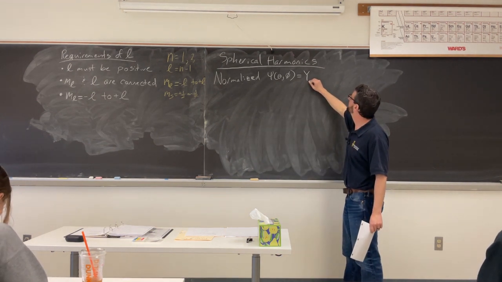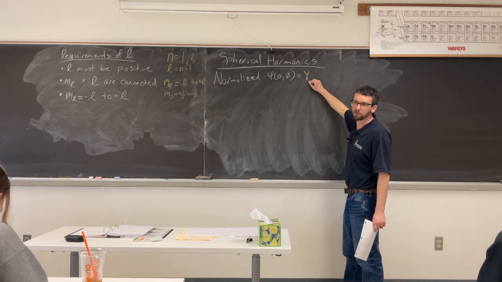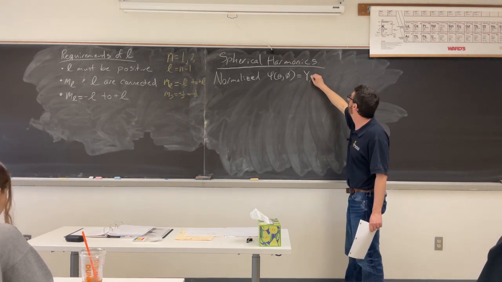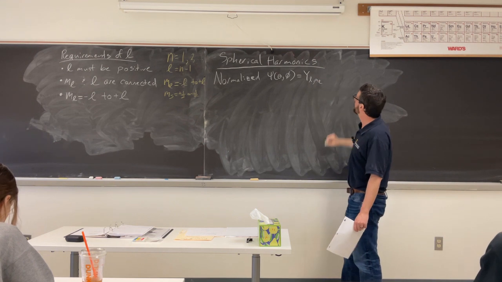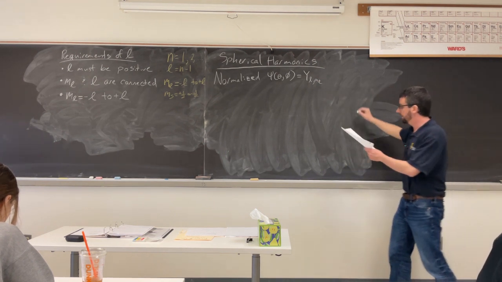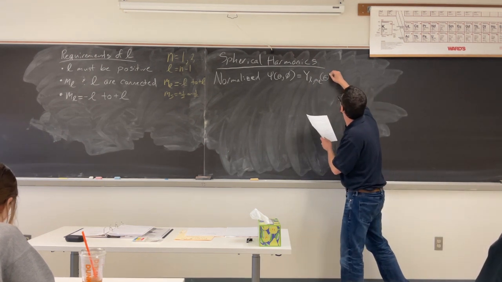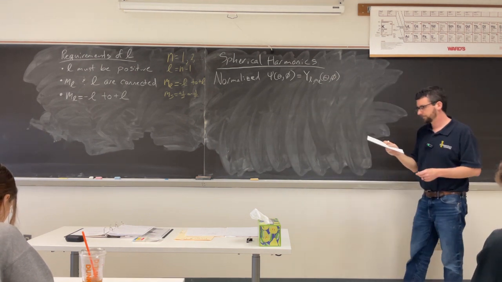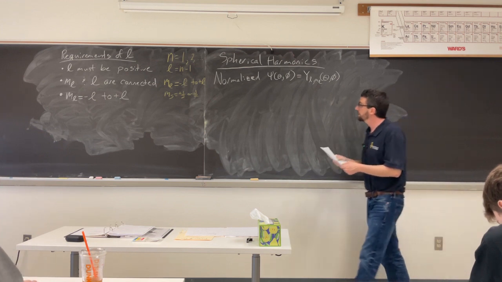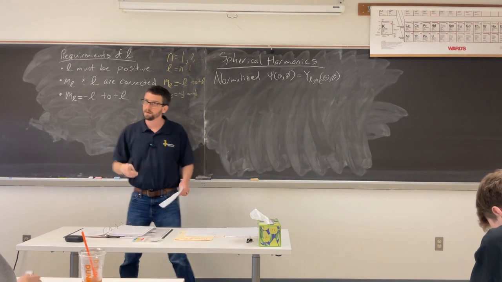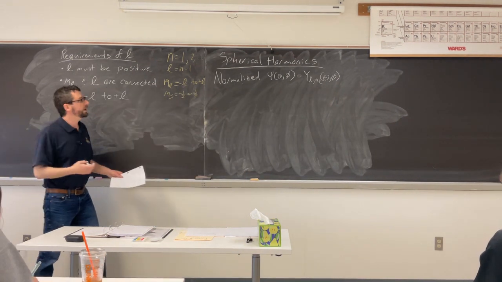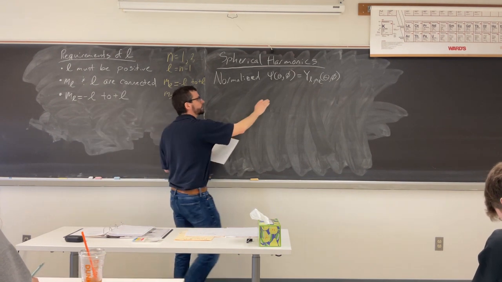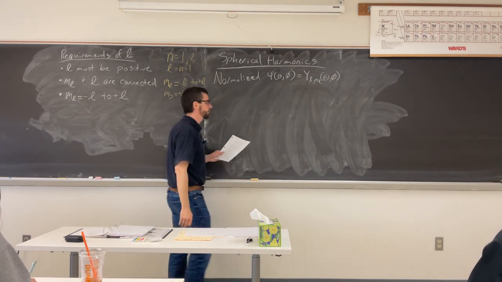Little subscript. If you can read it, sorry. L and M sub L. And then it also depends on theta and phi. So you'll see them represented either way. Most of the time, the spherical harmonics are represented with a Y.